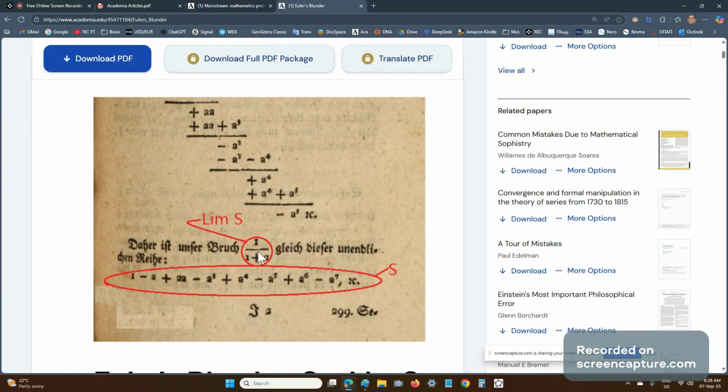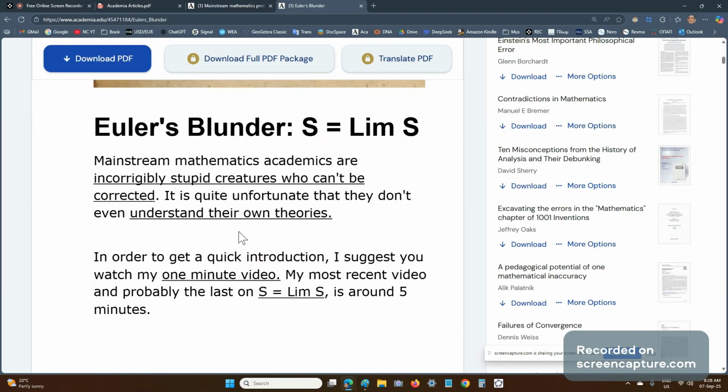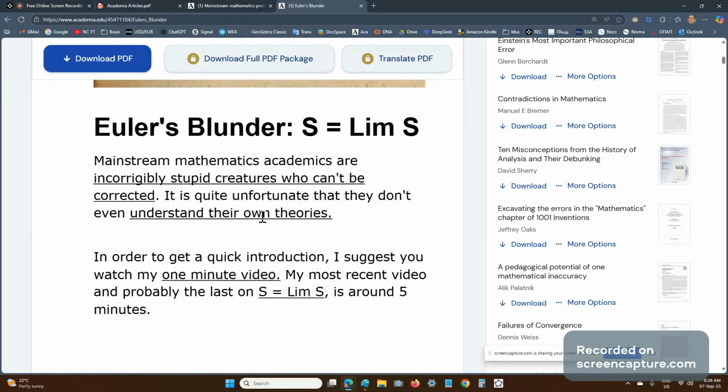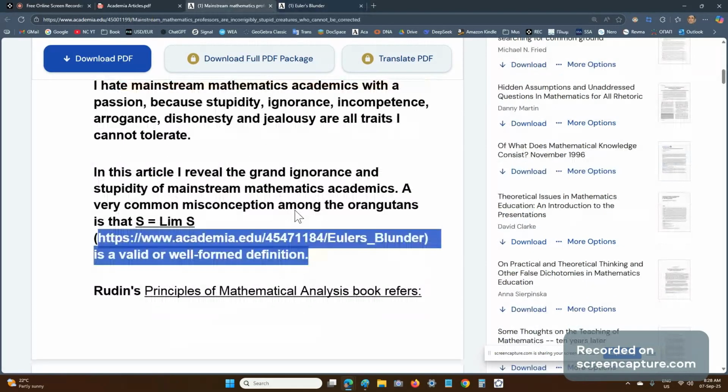Of course not. Okay, so if you read this article, and unfortunately Academia.edu removes links, they're such morons, honestly. But you can go to the site and search for these articles. And here it doesn't even allow you to see the link, even when you hover above it. But I'll place some interesting links in the details section.